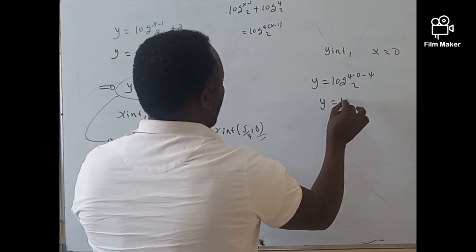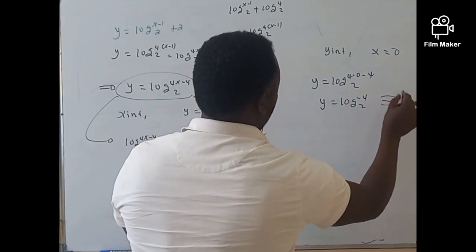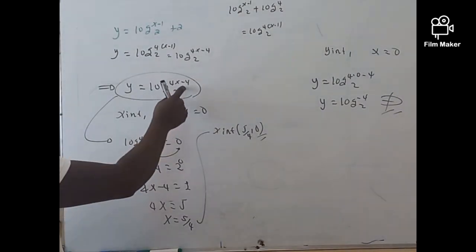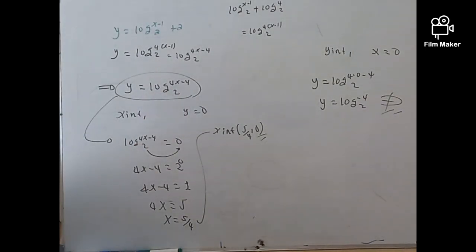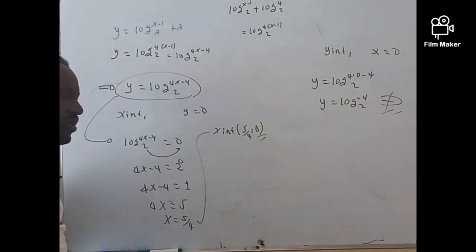That is the logarithm of negative 4 to the base 2, which is not defined. This is not defined, because you know that the domain of every logarithmic problem must be greater than 0, but in this case it is negative.